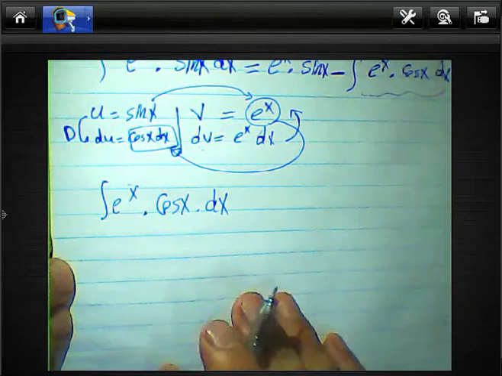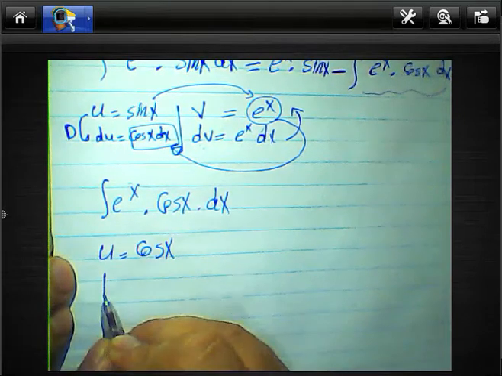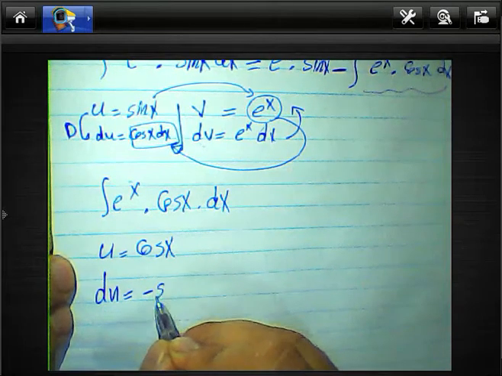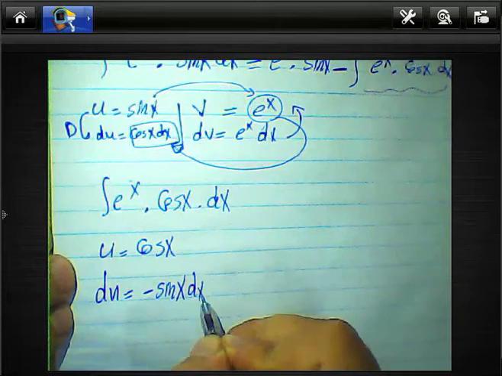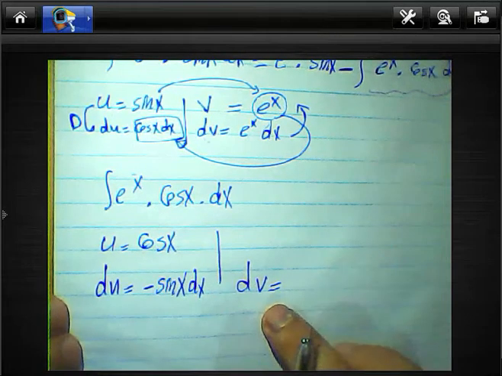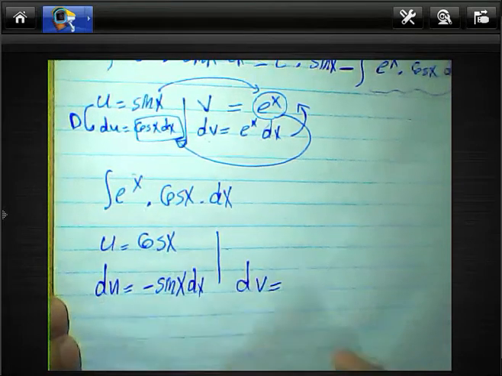We can write here u equal cosine x and du equal negative sine x dx, and dv equal e power x dx.